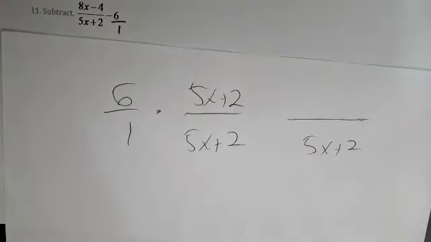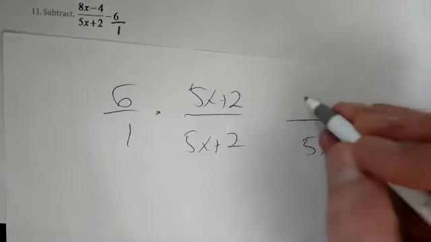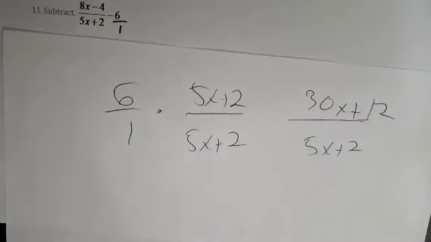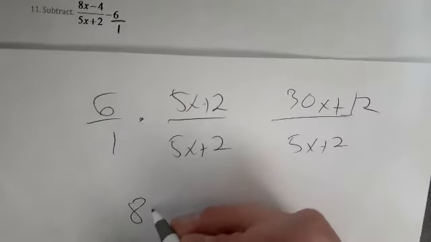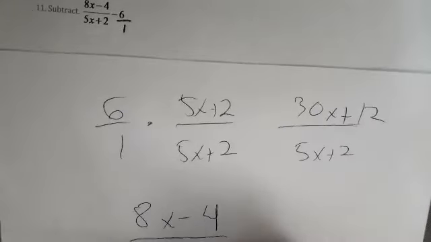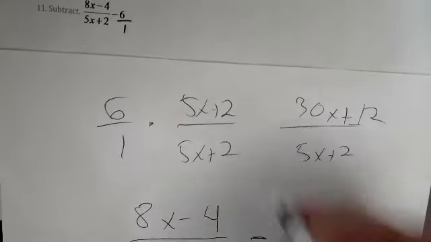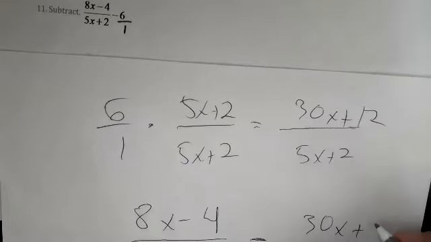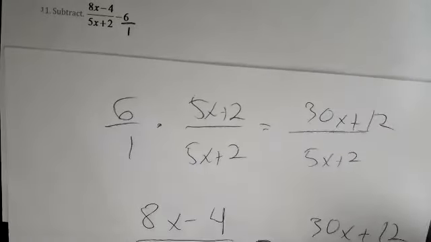It's going to be 5x plus 2. So I'm doing 6 times 5x plus 2. I'm doing 30x plus 12. So I have an 8x minus 4 over 5x plus 2. And I want to subtract this thing, 30x plus 12 over 5x plus 2.